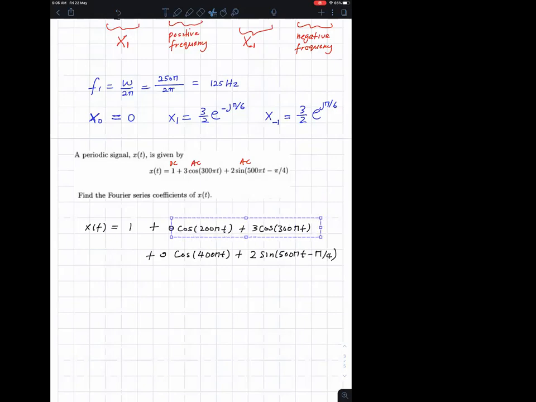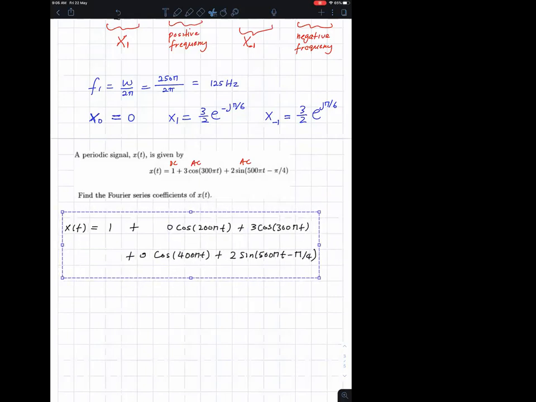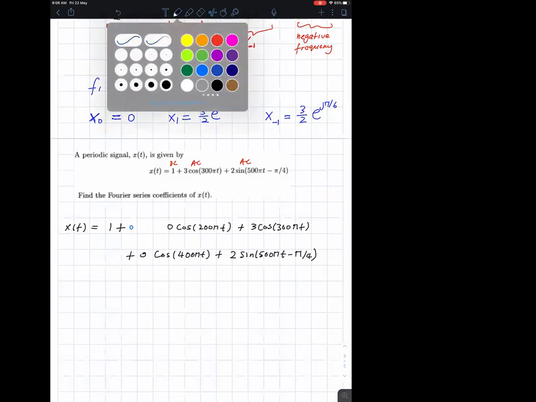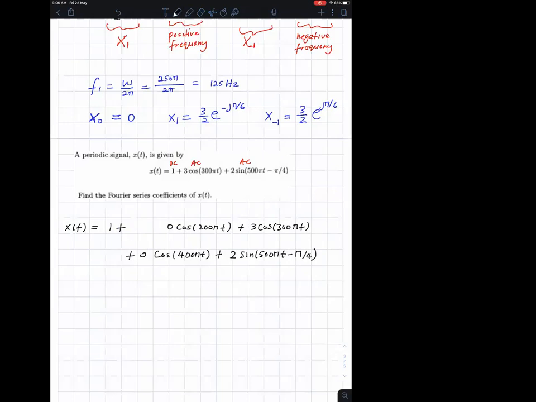And then you're also missing the component at 100 pi.